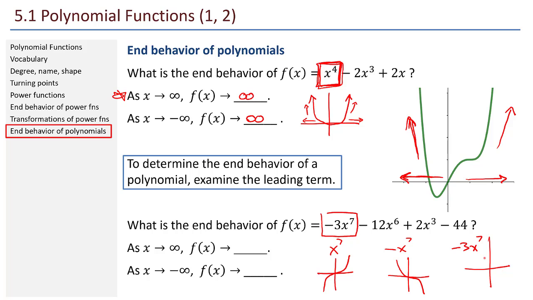I don't even know you can really see any real difference there, but pretty much the same. And I can recognize what this end behavior is. As x goes to positive infinity, my function values are decreasing. So that goes to negative infinity. And as x goes to negative infinity, those function values are increasing. So as x goes to negative infinity, f of x goes to positive infinity.